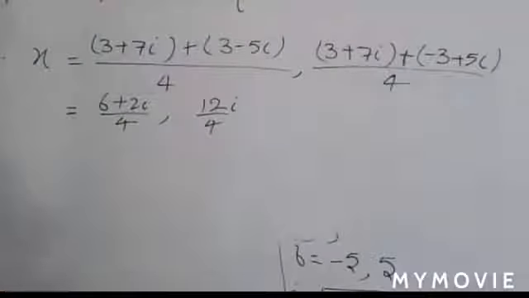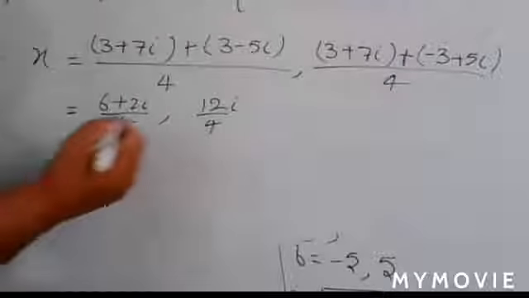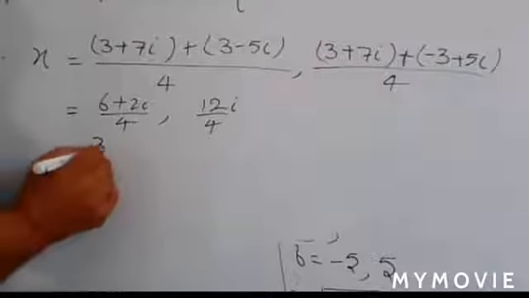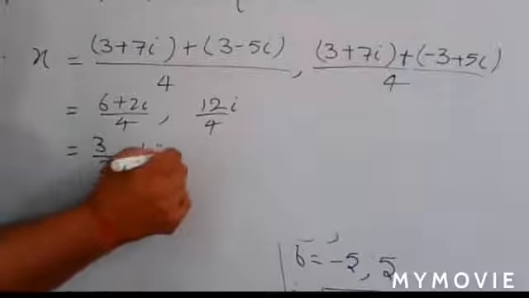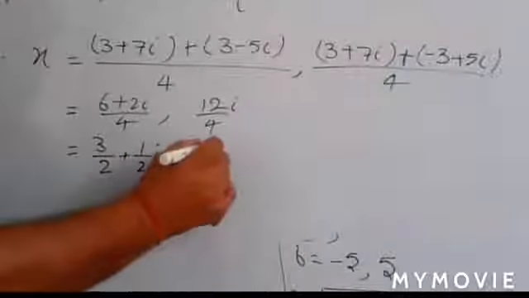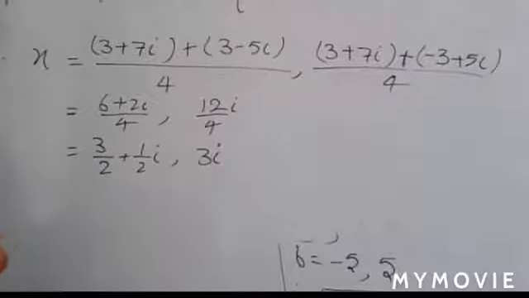Just simplifying, that can be written as 3 by 2 plus 1 upon 2 times of i, and here you have your result 3i. So that gives your solution.